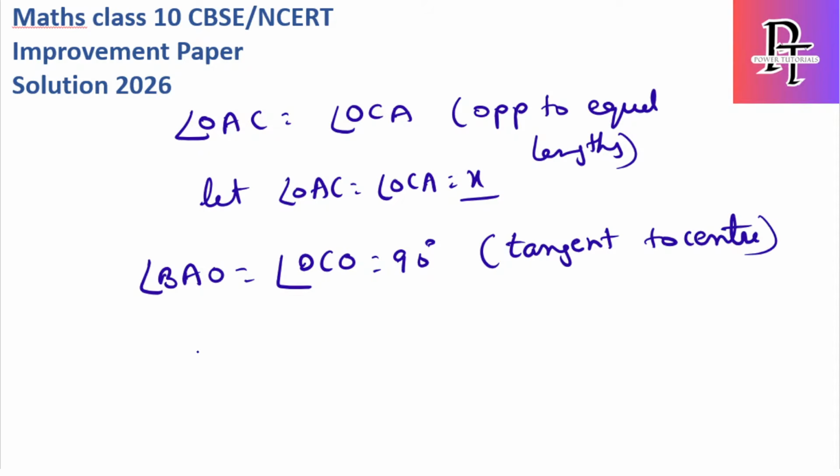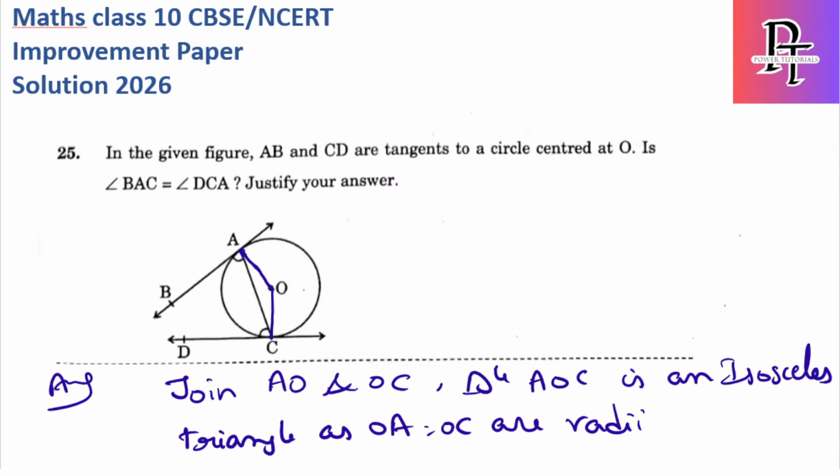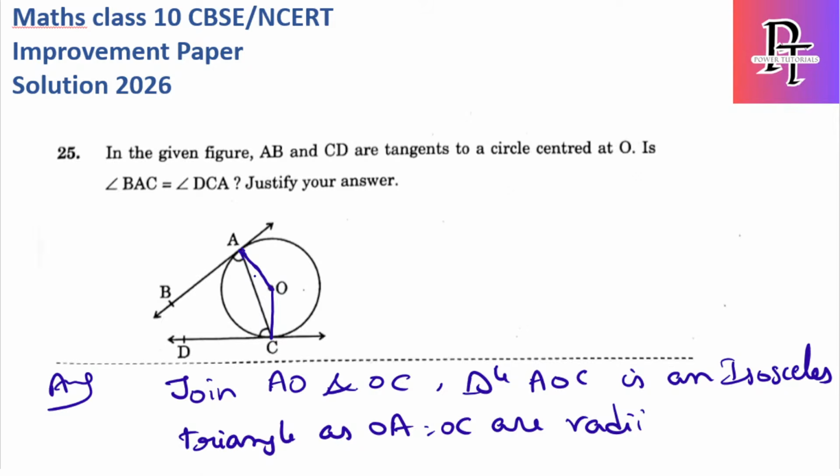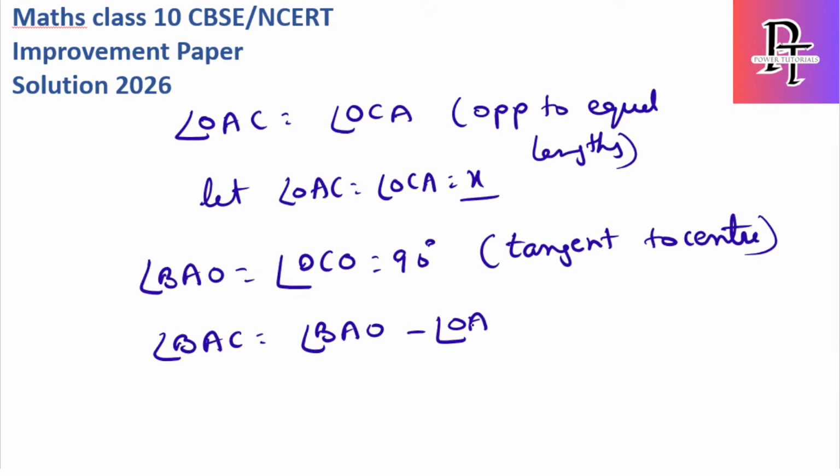So now angle BAC will become angle BAO minus angle OAC. This BAO we already know, which is 90. OAC we are using as x.